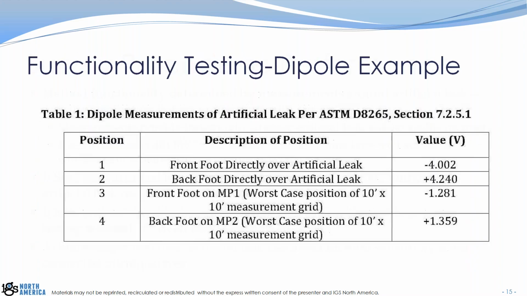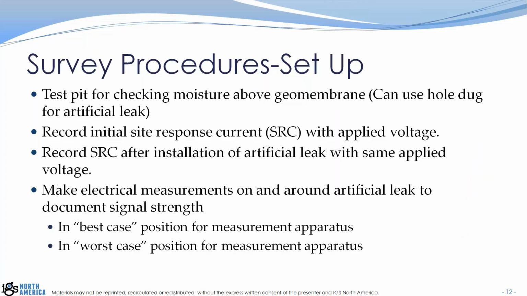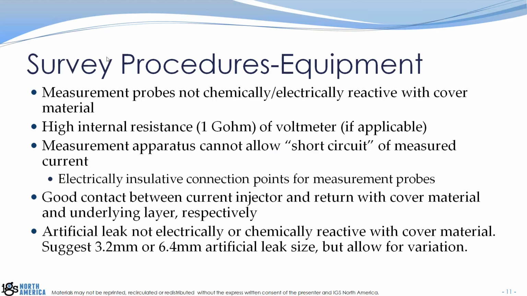So let me go to the equipment. See the survey procedures equipment: measurement probes not chemically or electrically reactive with cover material. If you try to take two stainless steel probes, which are commonly used to do dipole surveys, and measure voltage in a brine solution, you will measure in excess of 1 volt without even any current injected, because the steel is reacting with the solution.